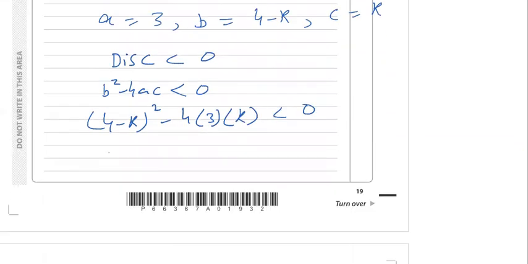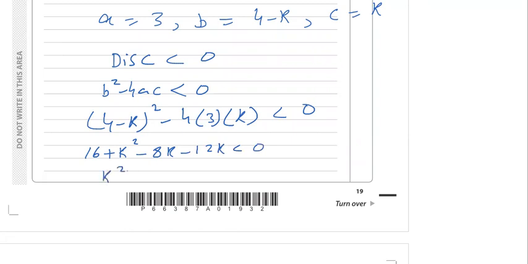If I simplify this one, now expand this one, it will become 16 plus k square minus 8k minus 12k less than 0.